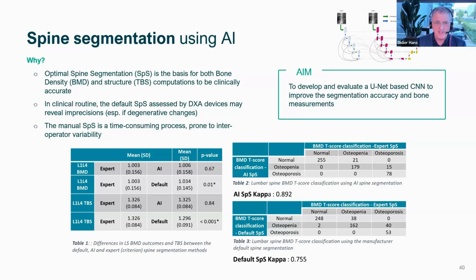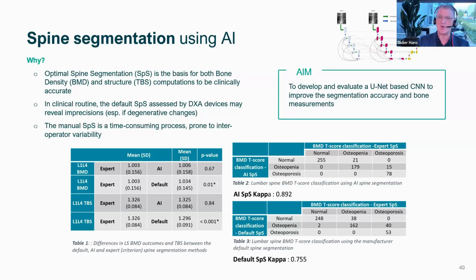Here we compare experts doing the edge detection manually versus AI, and we can see no significant difference between those two. While if you use an expert versus the default manufacturer, you have a significant impact which actually exceeds the least significant change. That means it will be real progress, because we will help you get an expert edge detection of the spine within a few seconds, while otherwise it may take a bit more time.